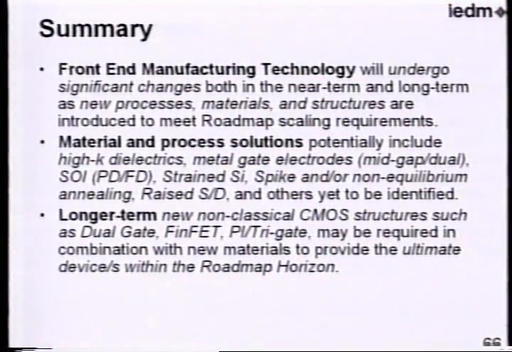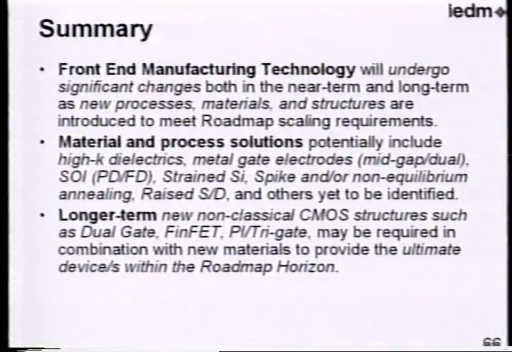So, in summary, I think you've got to look at the problems associated with the front end right now. We've got numerous things to be looking at in the next few years in order to advance the front end of the line, both in terms of materials and structures.